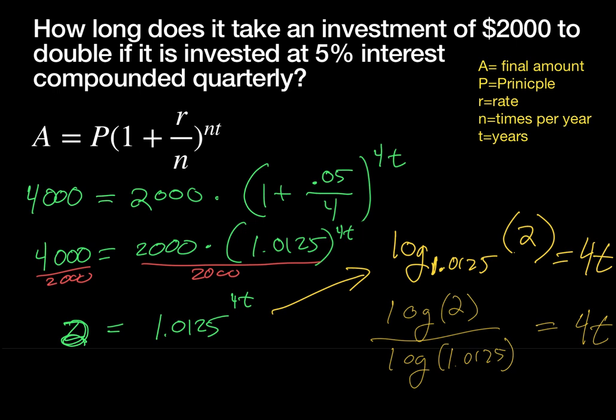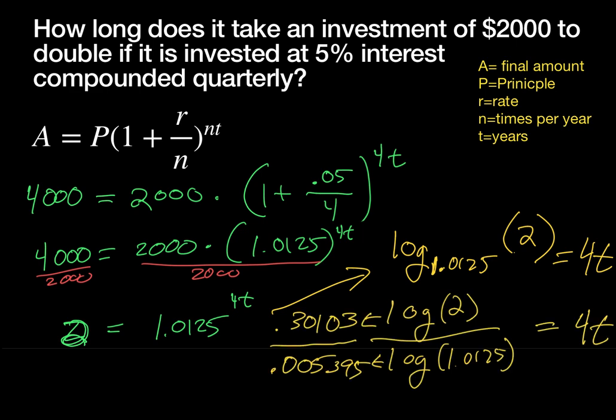So now, with our calculators, let's see if we can do this. And if you have to do it in chunks, that's fine. I'm going to take the log of 2. That number is 0.30103. Let's leave it like that. In the denominator, I'm going to have log of 1.0125, which equals 0.005395.